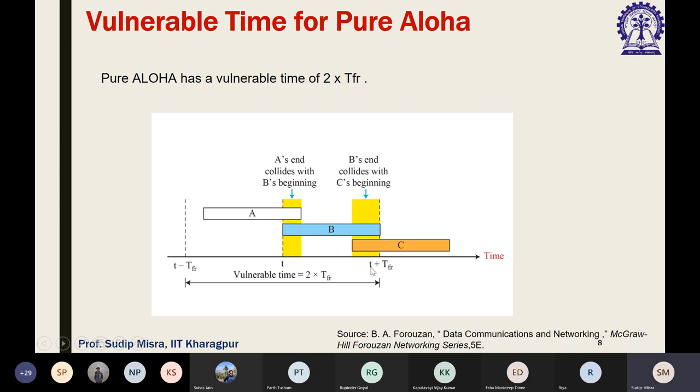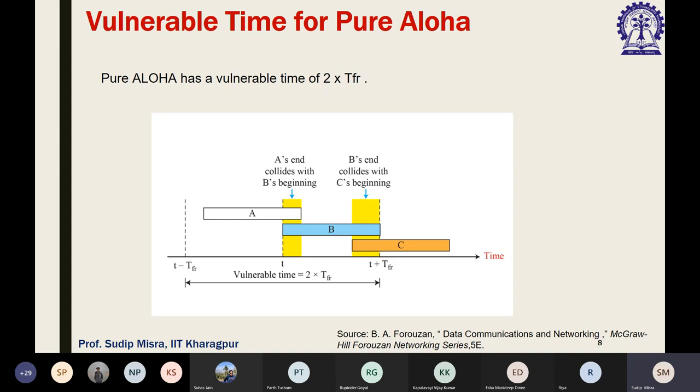Likewise, if at t plus TFR moment of time another station C sends its frame, what is going to happen? There will be a collision between B's frame and C's frame. So if you look at this entire scenario, this window from t minus TFR to t plus TFR, where there is a chance of collision between the different frames, is called the vulnerable time.